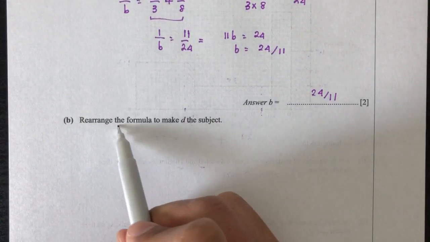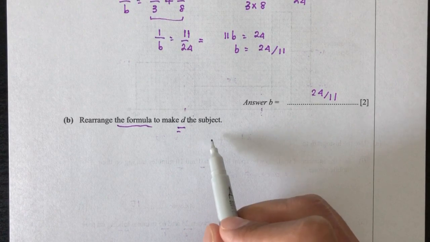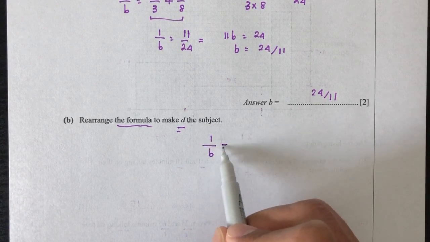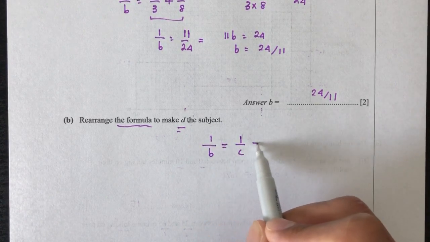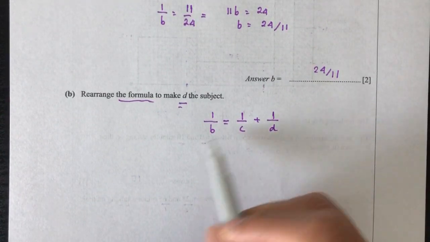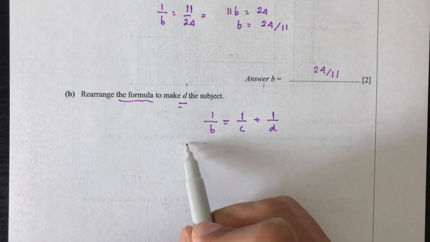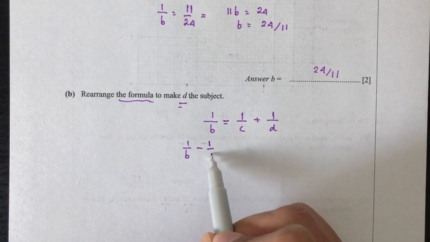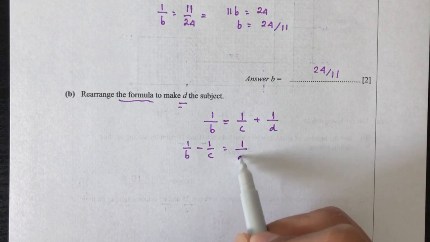Part B, rearrange the formula to make d the subject. So here we have 1 over b equal to 1 over c plus 1 over d. So how do you make d the subject? We send this one over here. We have 1 over b minus 1 over c equal to 1 over d.